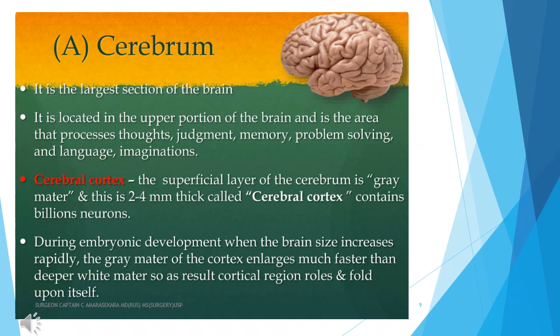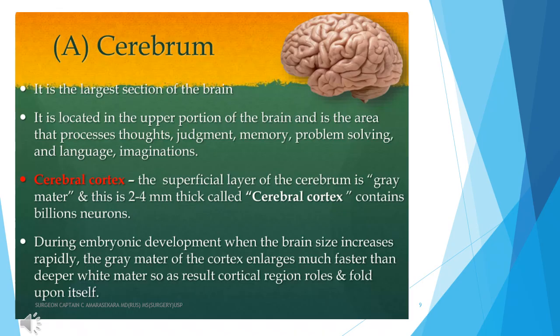Cerebrum, the structure, development, and clinical insight. Now that we have established the cerebrum as the largest and most functionally dominant part of the brain, let's explore its developmental dynamics and clinical relevance.